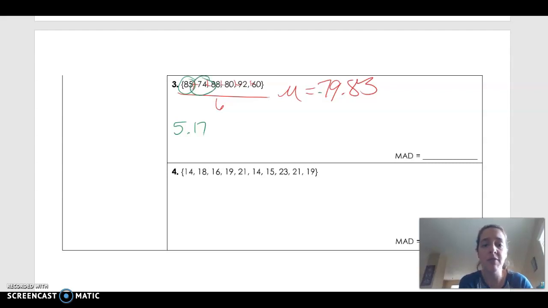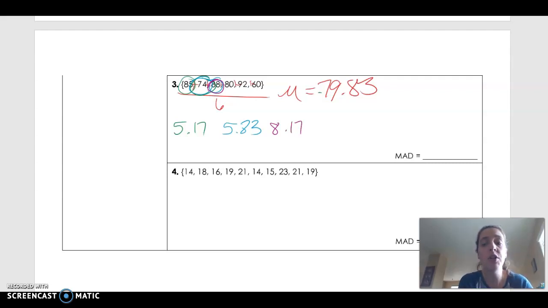This second piece is 5.83 away. Then I see that this next piece is 8.17 away.